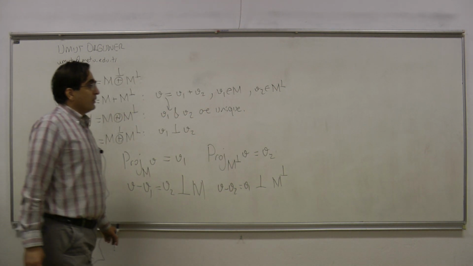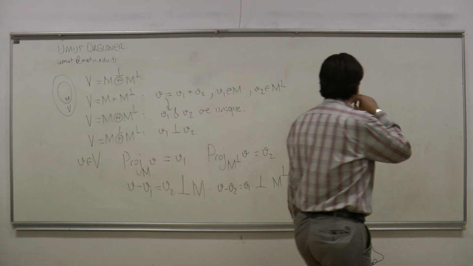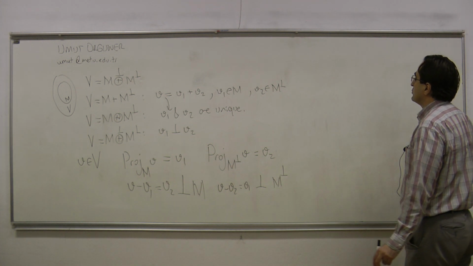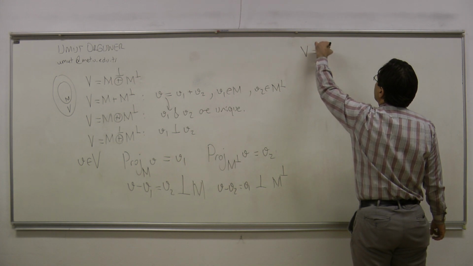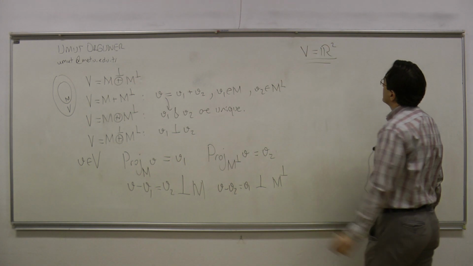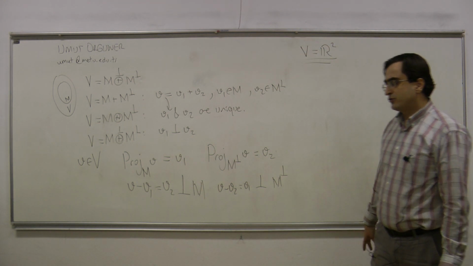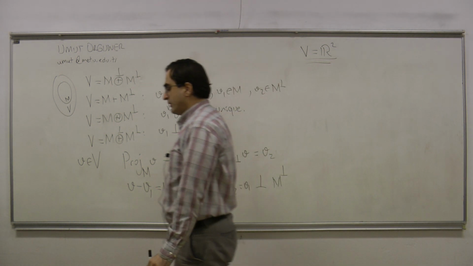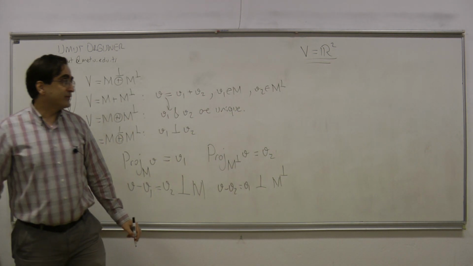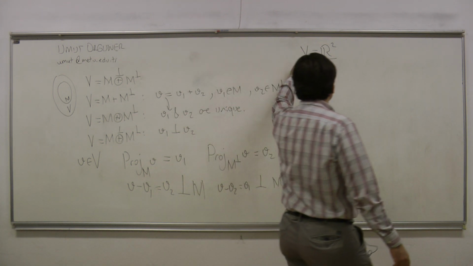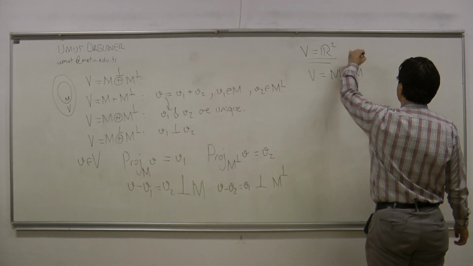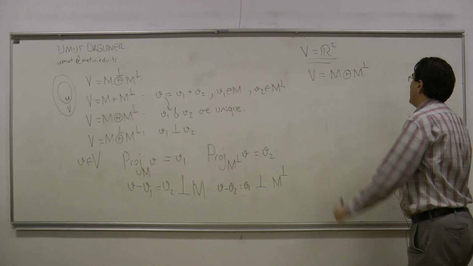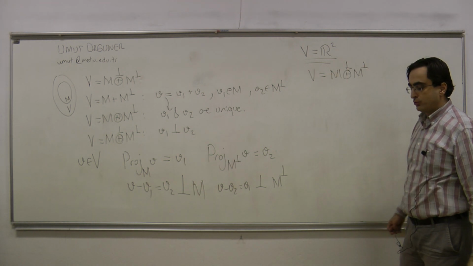Before I continue with the other facts, I'm going to ask you a question. Suppose that V is equal to R2, the two-dimensional vector space, and suppose that I have decomposed V into an orthogonal direct sum decomposition, M orthogonal direct sum M orthogonal complement.